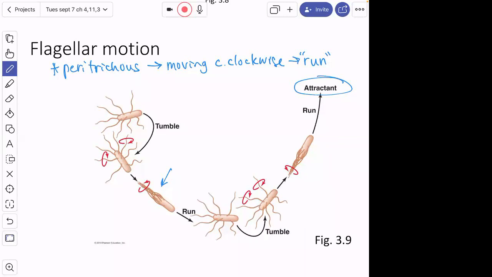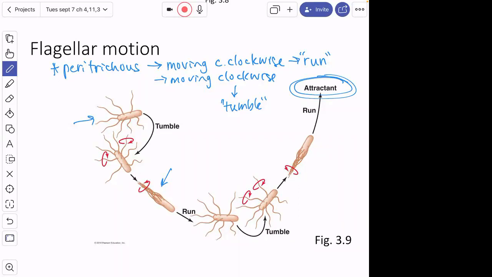When they are moving clockwise, then the organism will tumble. So when the flagella move clockwise, all the flagella are kind of doing their own thing, and that causes the cell to spin around and tumble around. Then when that stops and they coordinate again, it will head off in another direction. So it will eventually end up, hopefully, towards that attractant.